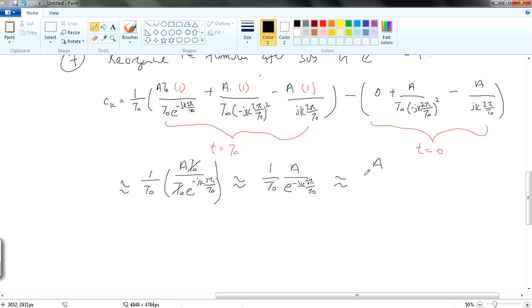And we will have a t naught e minus jk 2 pi over t naught. Okay, so this is the final form. Okay, therefore ck is equal to a t naught e minus jk 2 pi t naught.